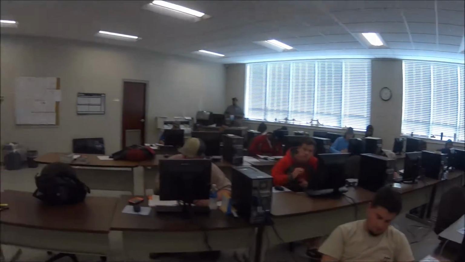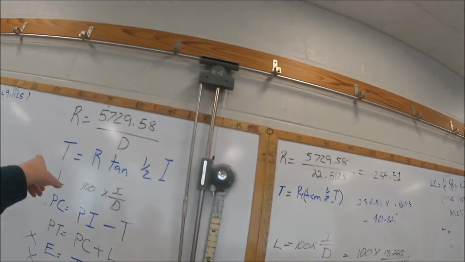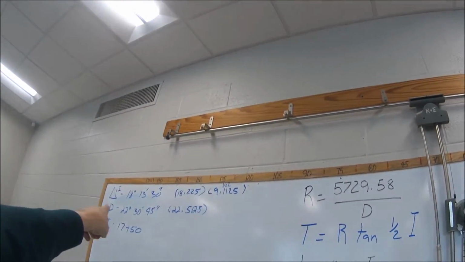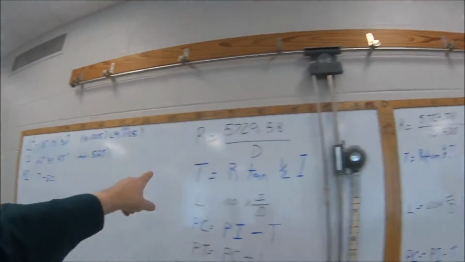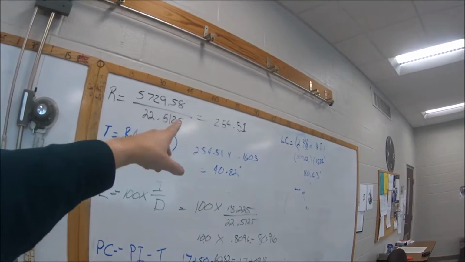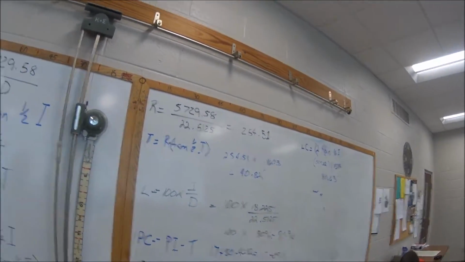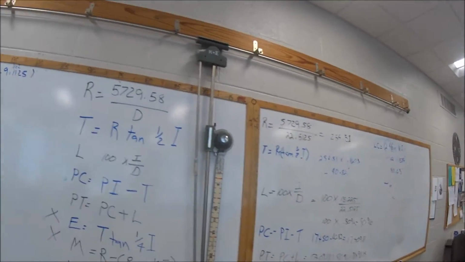You will always have that number. It'll be the same number every time. Okay? In this case, divided by D, we've turned D into 22.5125. We divided it. We came up with 254.51.